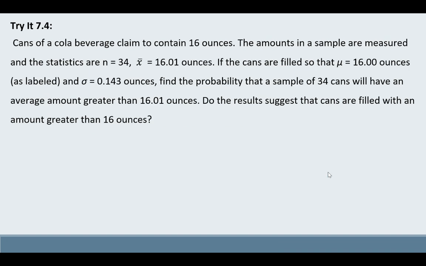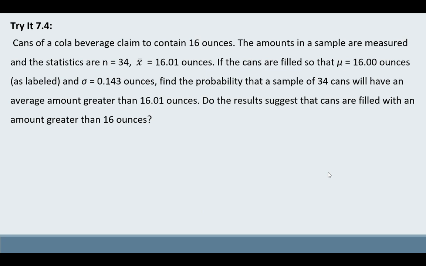Cans of a cola beverage claim to contain 16 ounces. The amounts in a sample are measured and the statistics are N equals 34, so that's our sample size. X bar is 16.01 ounces. So if the cans are filled so that the mean mu is 16 ounces, which is what it's labeled as, and our standard deviation is 0.143 ounces, what's the probability that a sample of 34 cans will have an average amount greater than 16.01 ounces?